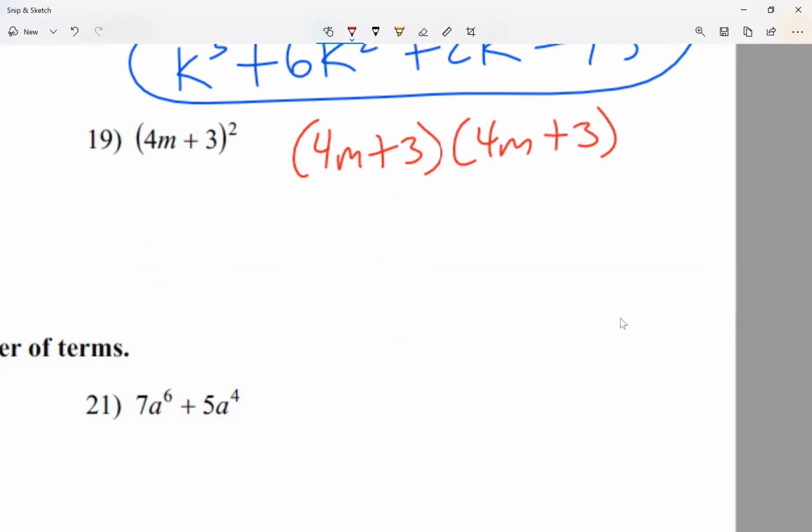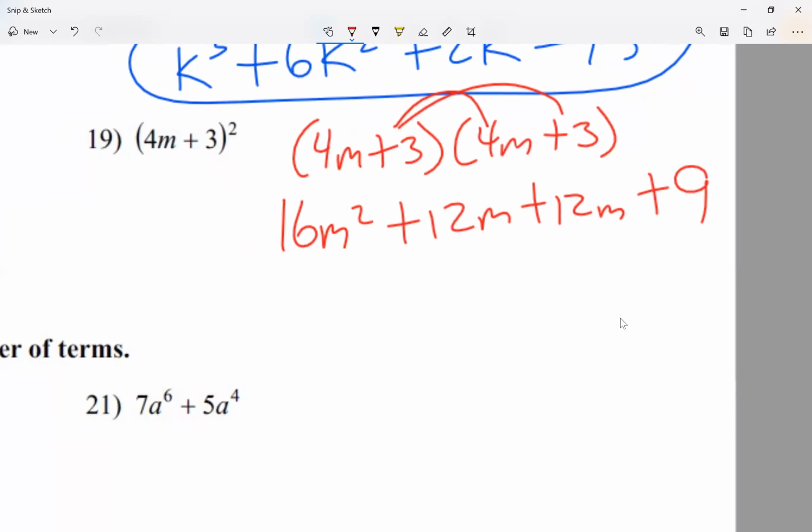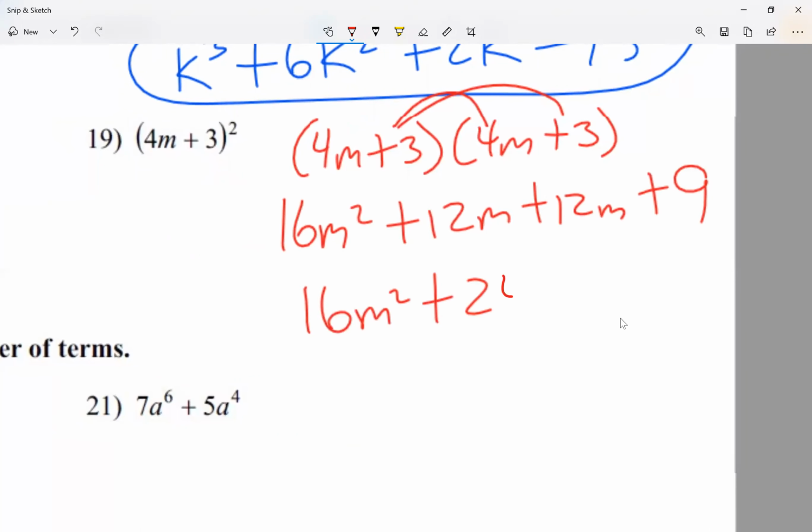Now let me distribute. 4m times 4m is 16m to the second. 4m times 3 is 12m. Then let me distribute the 3. 3 times 4m is going to give me 12m. And then 3 times 3 is going to give me 9. When I combine my like terms, I get 16m squared plus 24m plus 9.